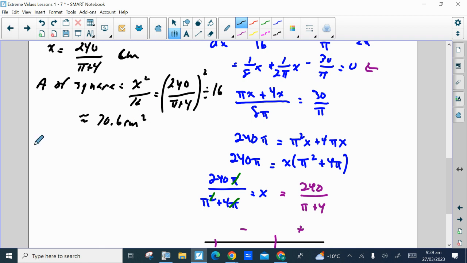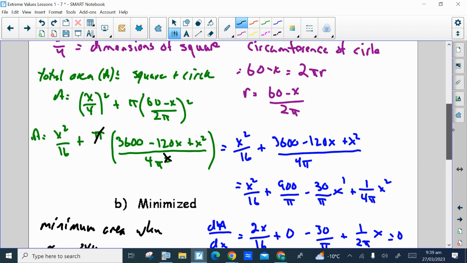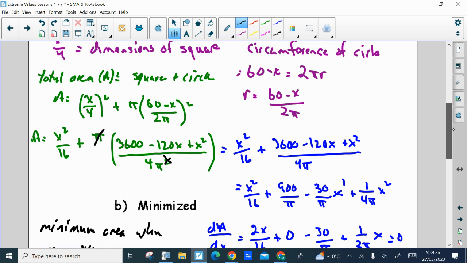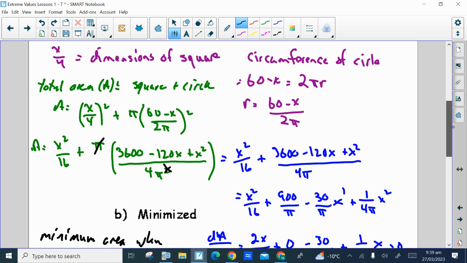The area of the circle, and our expression for area of the circle was that's our pi r squared.